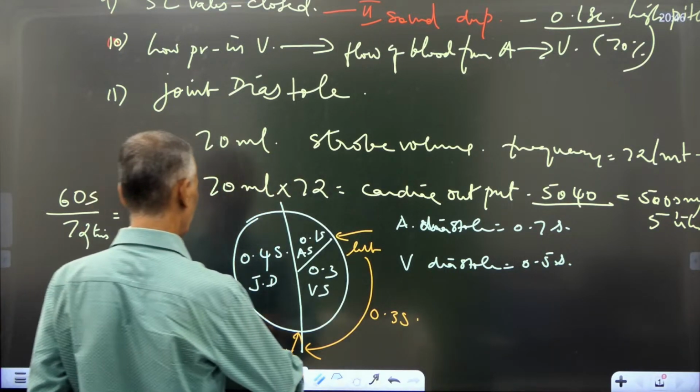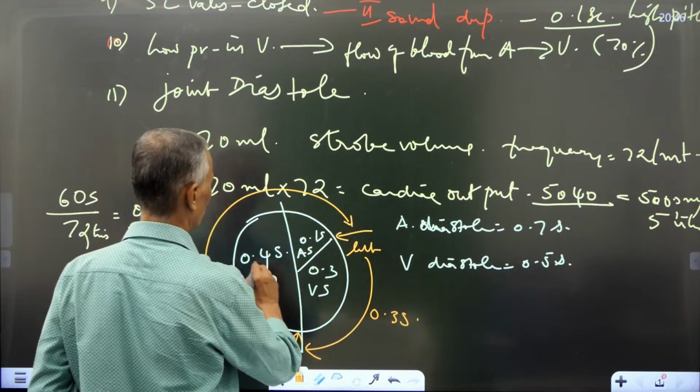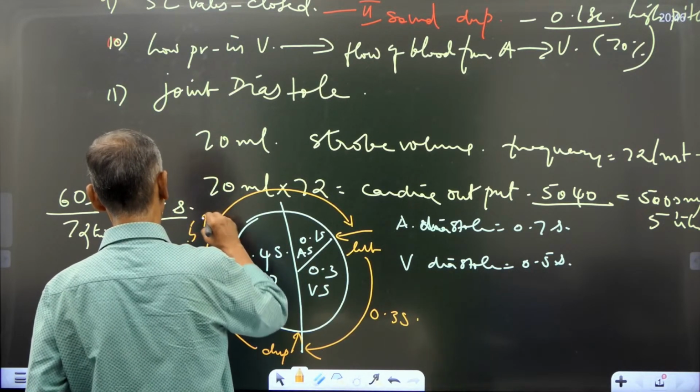And the gap between dub and the lub of the next one is 0.4 plus 0.1, so 0.5 seconds.